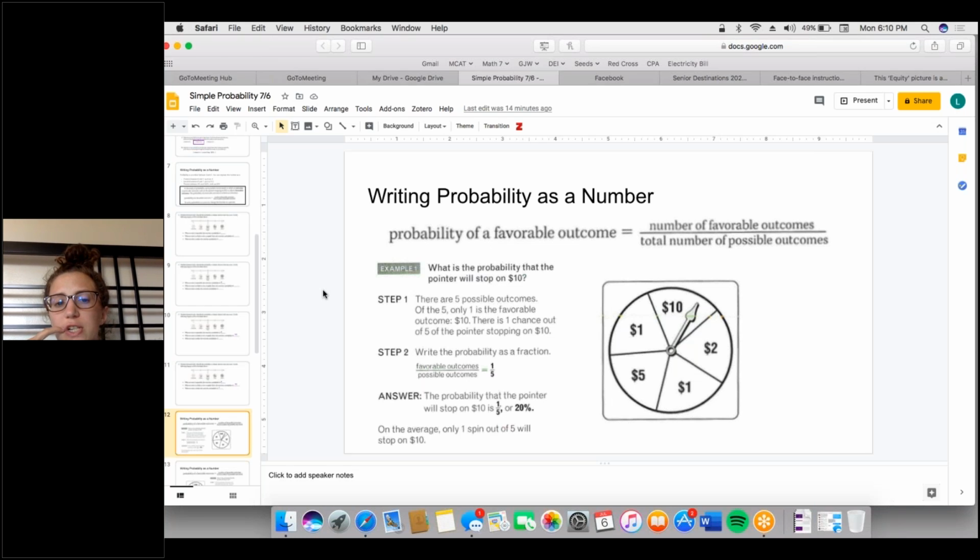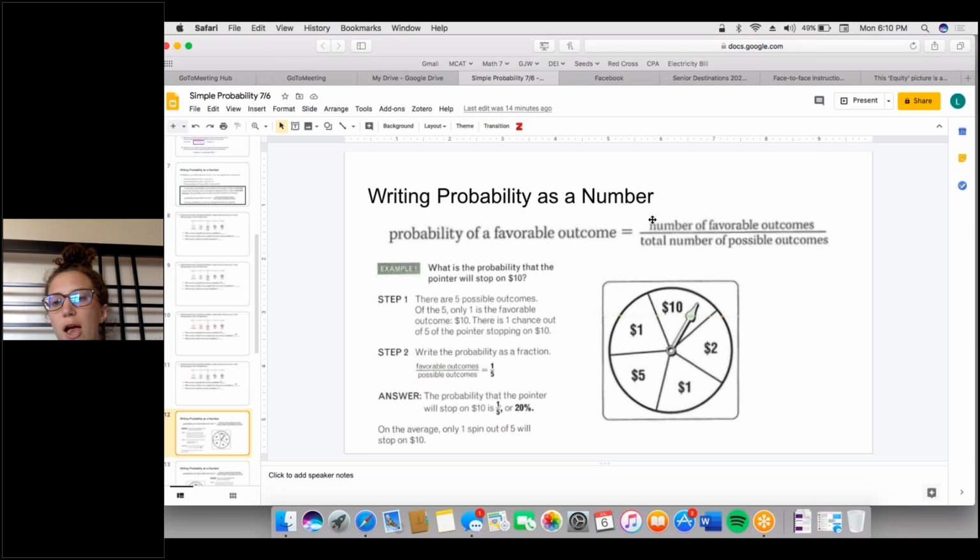In step 1, the first thing we ask ourselves is how many total possible outcomes are there? Because this spinner is split up into 5 sections, we can say there are 5 possible outcomes. So that was the first thing we did. We know the total number of possible outcomes, which is in the denominator here.